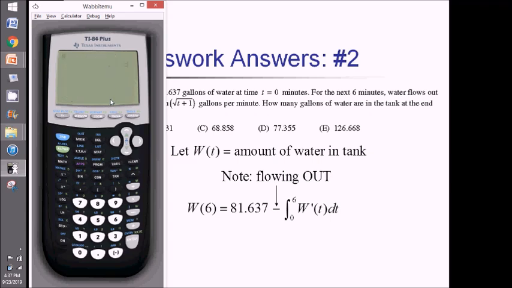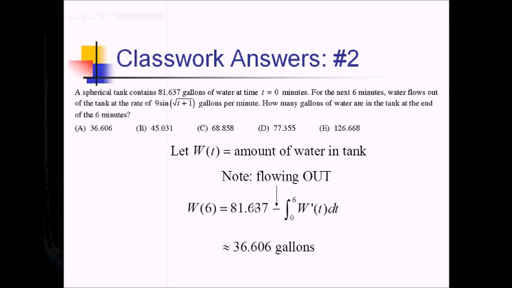And let me do 81.637, got to be precise here, minus math 9, so integral from 0 to 6 of, I stored this in y1, so alpha trace y1 and dx, and let's hope for the best. So that comes out to 36.606 if we round it off to the nearest thousandth of a gallon, and that ends up giving us choice A.